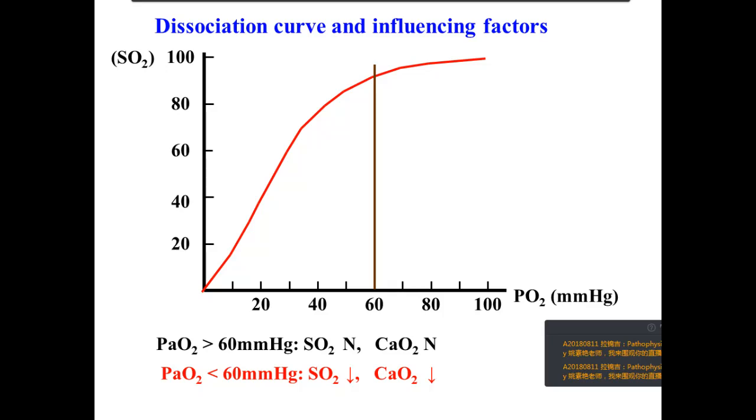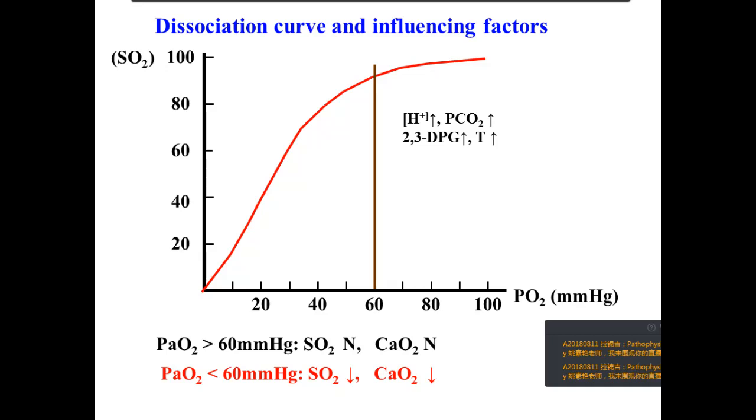What can influence the dissociation curve? Four factors: hydrogen, partial pressure of carbon dioxide, 2,3-DPG, and temperature.